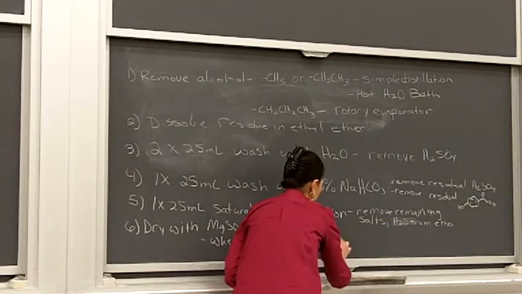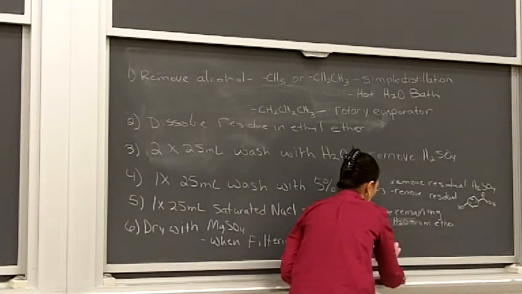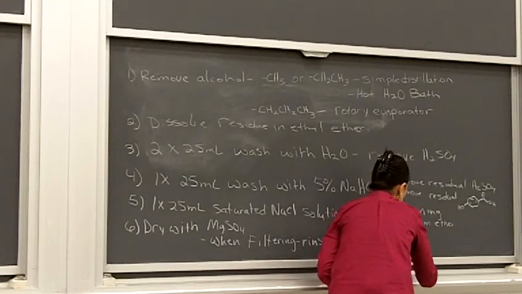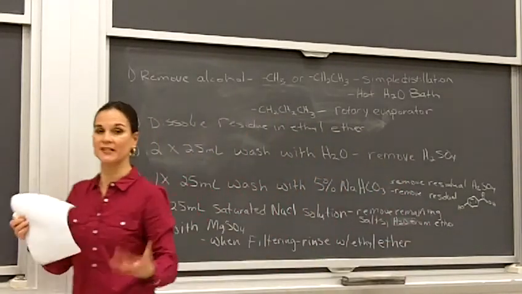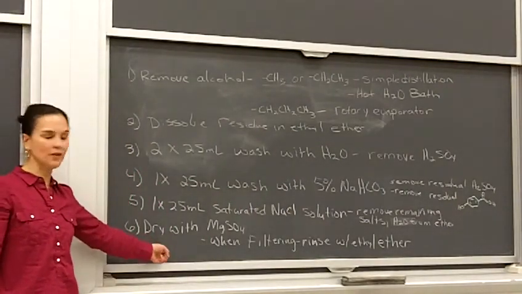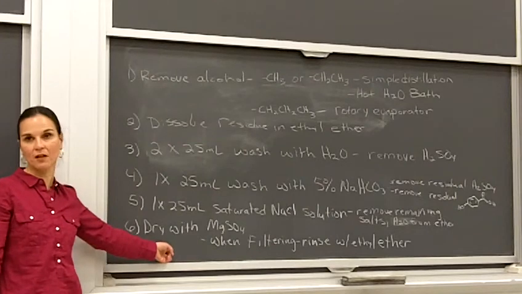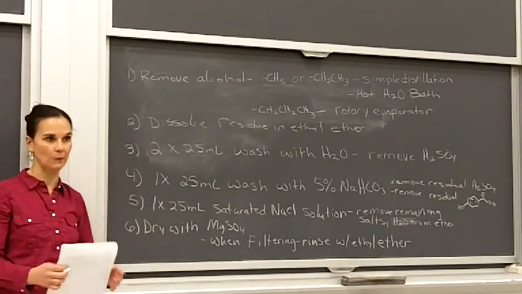Rinse that magnesium sulfate with ethyl ether, or you will end up getting your product to crash out on the magnesium sulfate, and you'll think it's magnesium sulfate, but it's actually a product, okay? So be really careful with, once you dry it, make sure you rinse that solid with ether to get all the product down into the filtrate, okay?